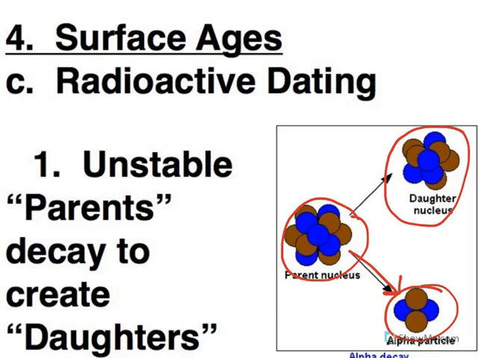And there is another more detailed tutorial specifically about radioactive dating that I recommend you watch to get a fuller picture of this process. But whether it's counting craters or analyzing daughter and parent ratios, we can get a general idea of how old a surface is and how old a material is.